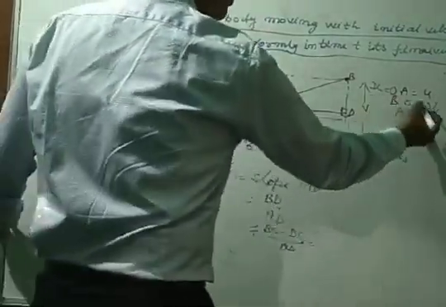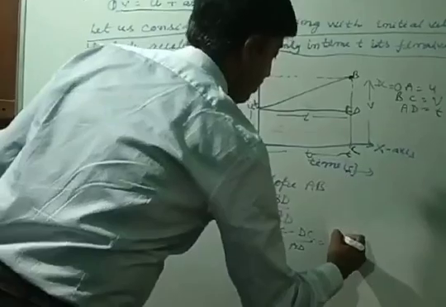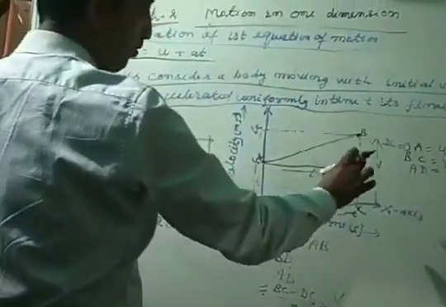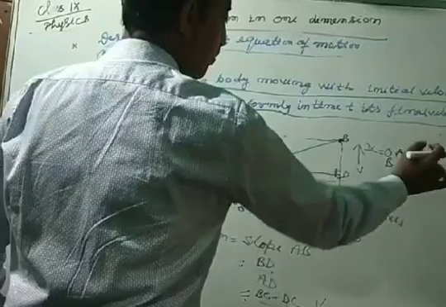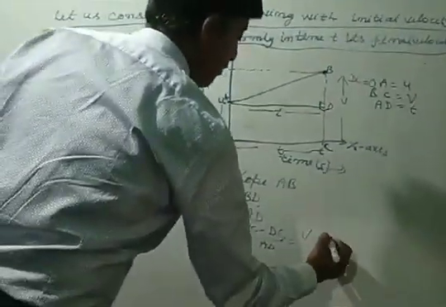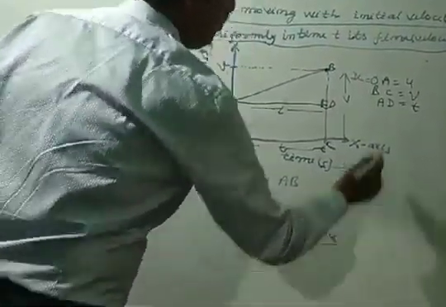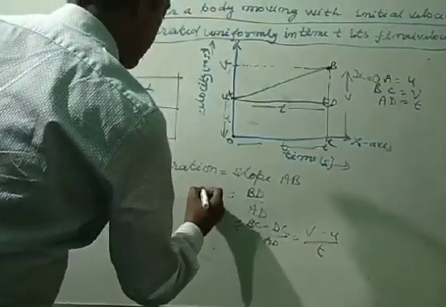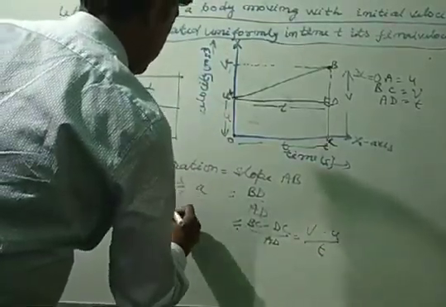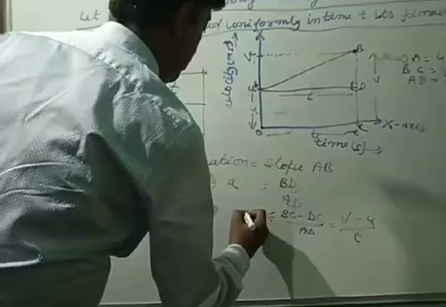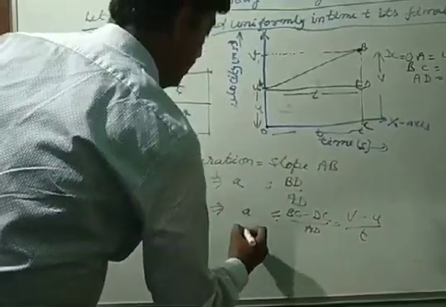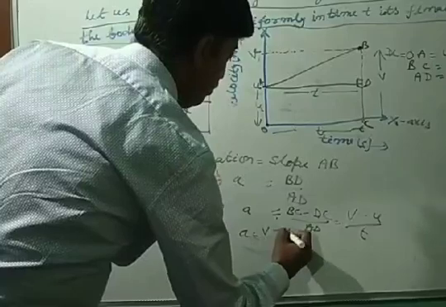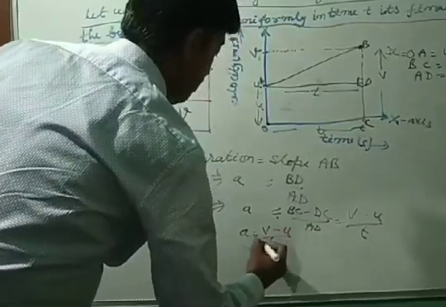The value of BC is v, the value of DC is u, the value of AD is t, and acceleration is a. So acceleration a is equal to v minus u by t.